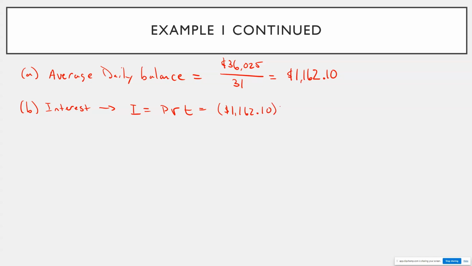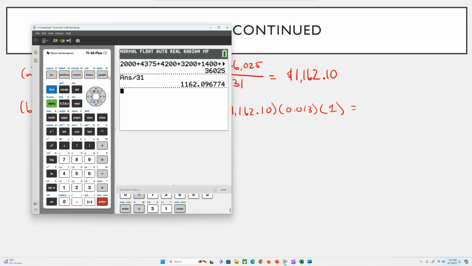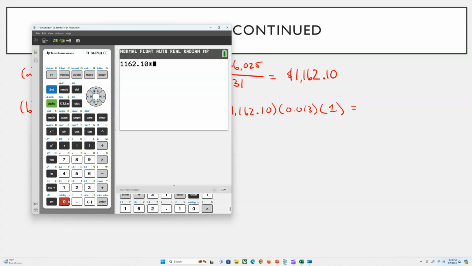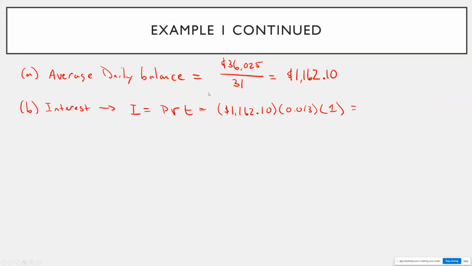The rate was 1.3%, and it's going to get charged times 1 month. So we take 1162.10 times 0.013 times 1 month. You don't even need that one, but put it in there. I'm going to round this to the nearest cent. So they're going to get charged $15.11 in interest.